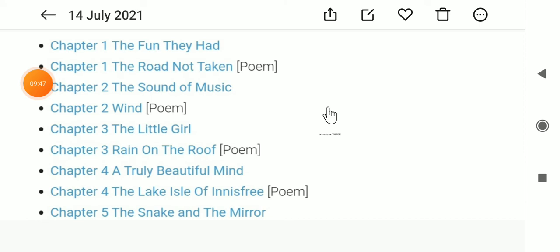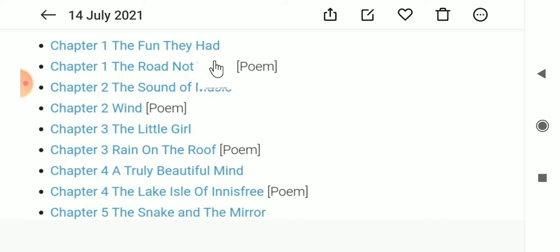So student, in the first textbook, Beehive, you are going to learn chapter number 1, The Fun They Had. A very interesting lesson it is. What is there in this? The story we shall read is set in the future, when books and school as we know them will perhaps not exist.